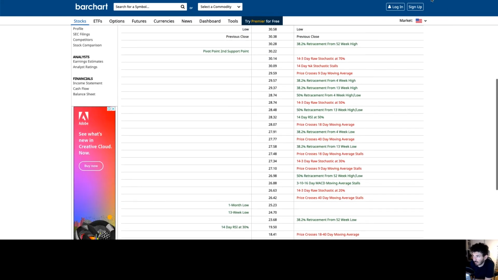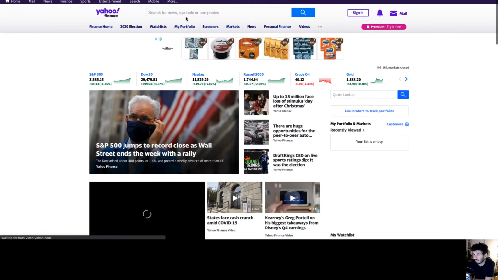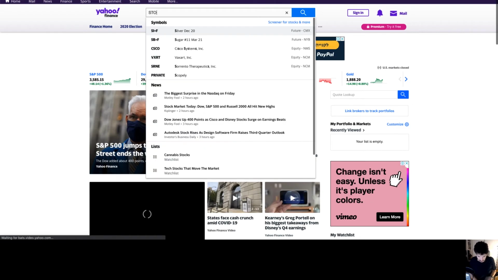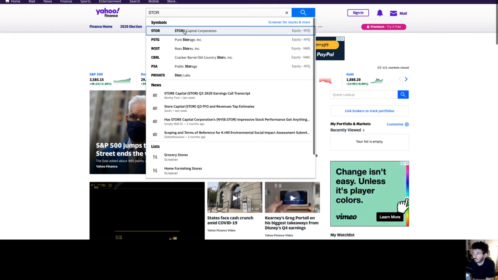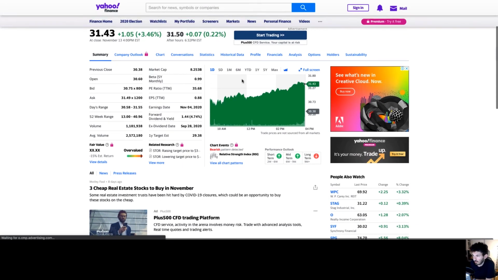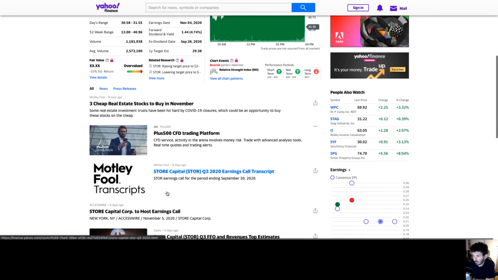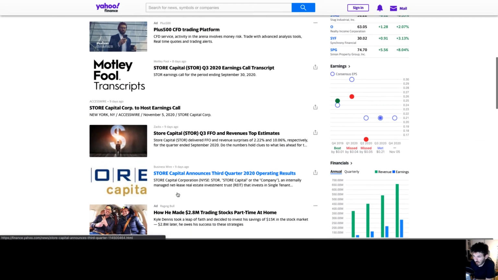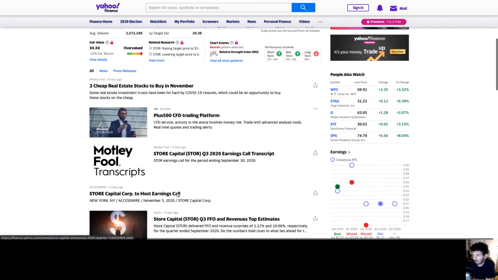And last but not least, Yahoo Finance, where you can put in a ticker symbol and start going over the charts, the data really quick, looking at the news that came in, looking at PR releases.